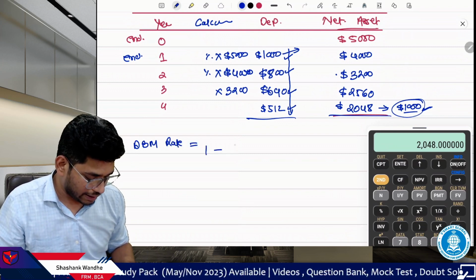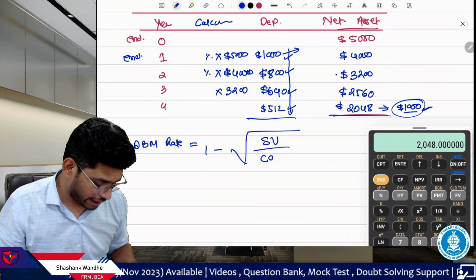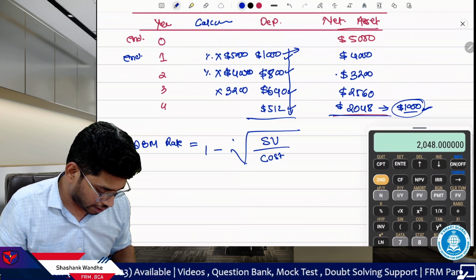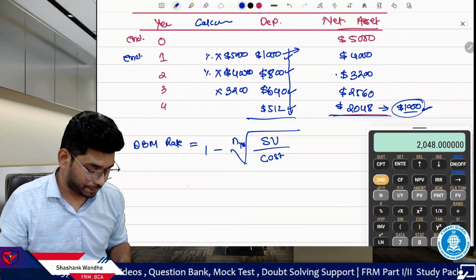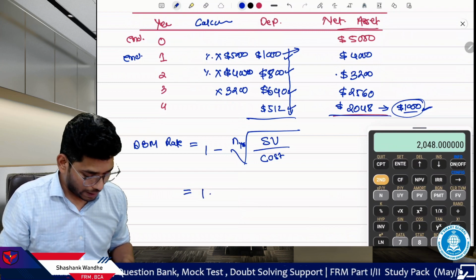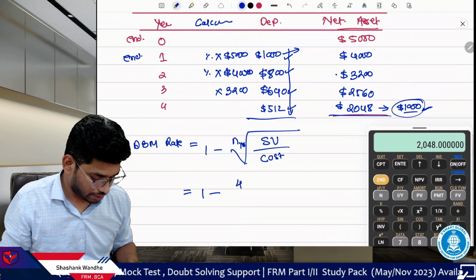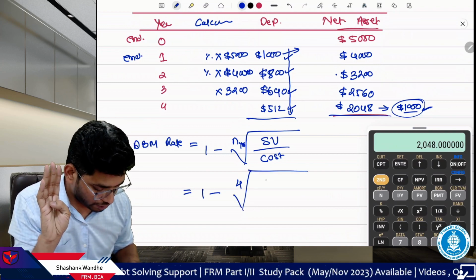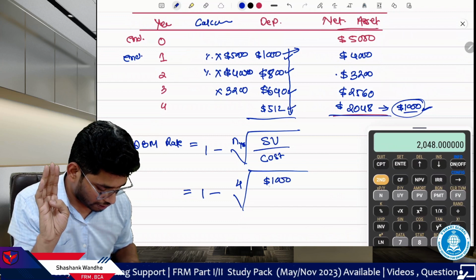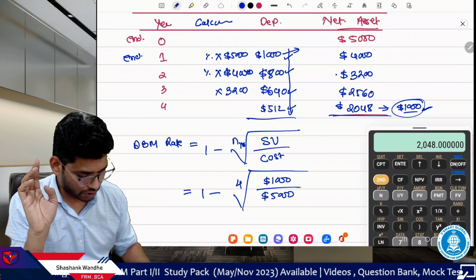It is 1 minus the root of salvage value divided by cost, to the power of number of years. So 1 minus, number of years, life of asset 4 years, salvage value $1,000 divided by $5,000, the cost of purchase.